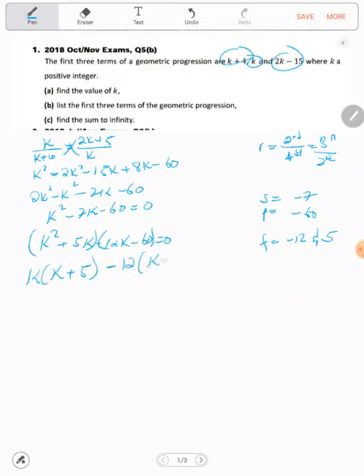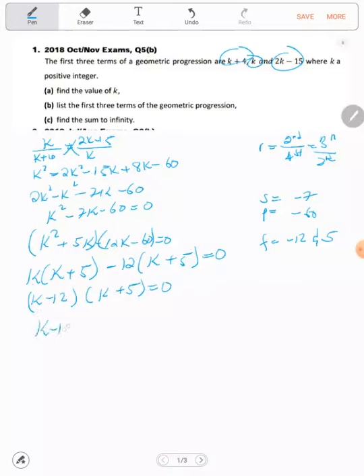I'm going to make it negative 12 times k plus 5, because 12 times 5 is 60. Then I'm going to get these two which are outside and group them. I'm going to get one of these because they're the same, and I'll still say equal to 0.